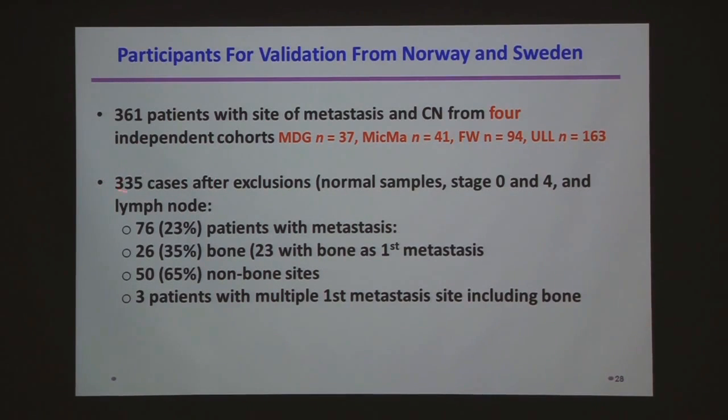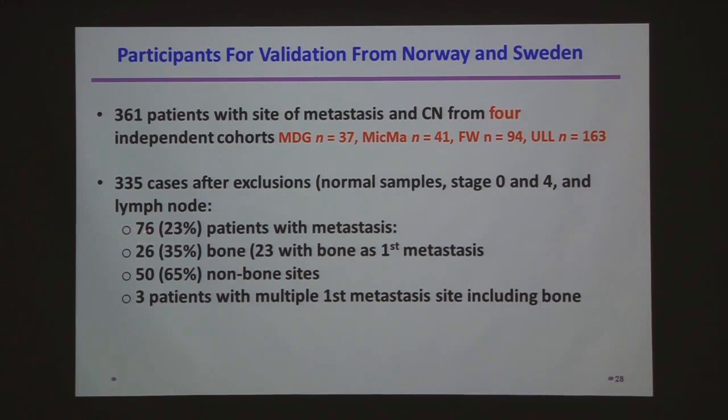They had 335 potential patients, and we excluded those that were either stage 0 or stage 4 because they already had metastasis at diagnosis. And this is the breakdown of the number of patients included in the validation set.